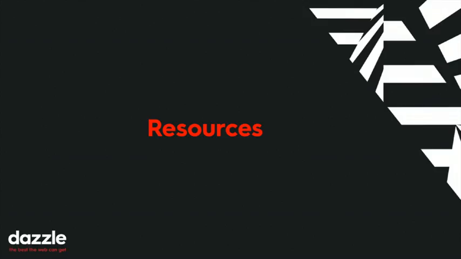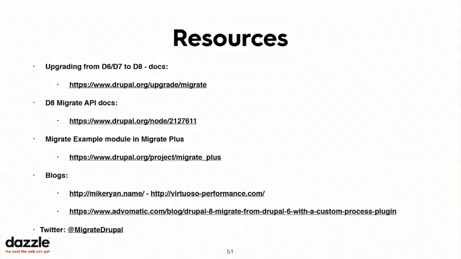Then some resources, some links that might be valuable if you're trying to get started. Be sure to read the documentation on Drupal.org on how to upgrade from older versions of Drupal, or how the general Migrate API works. And download the Migrate Plus module and browse through the code of the Migrate example module, which provides a lot of documentation.